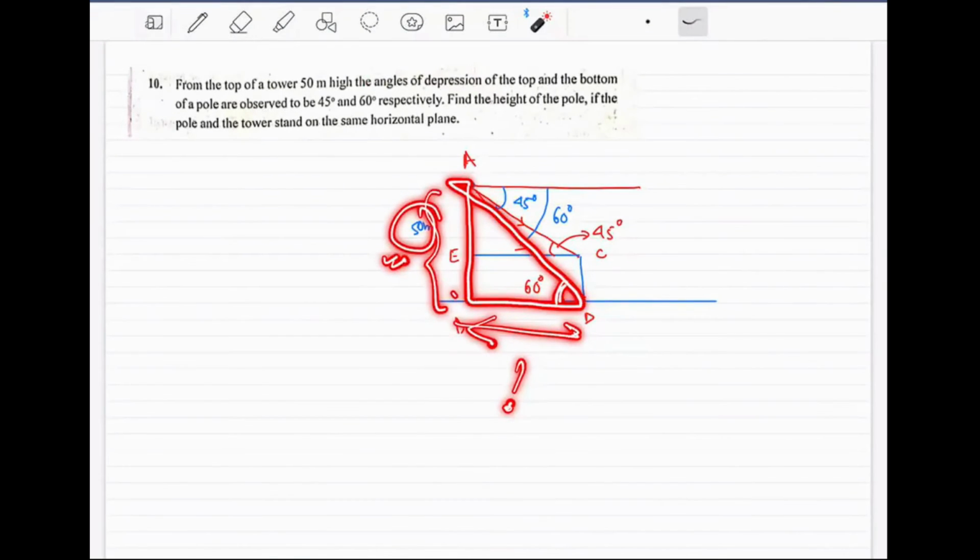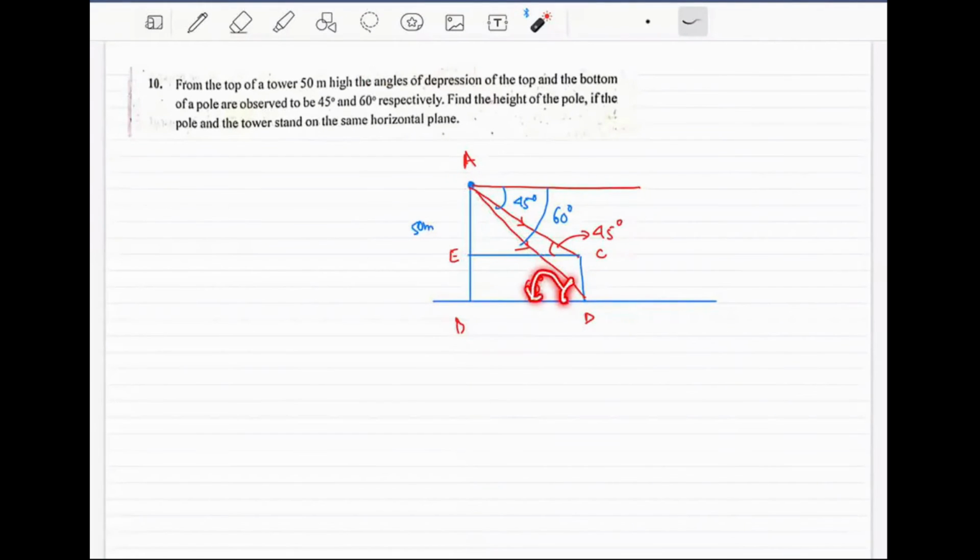So you will use tan theta. With respect to this 60 degree, this is the adjacent, isn't it? This is the opposite. So when you take this big triangle, this BD is the adjacent. So opposite is given, you can find out adjacent very easily. After that, the BD value, once it is known, will be the same as the value of CE right here. BD will be same as CE.